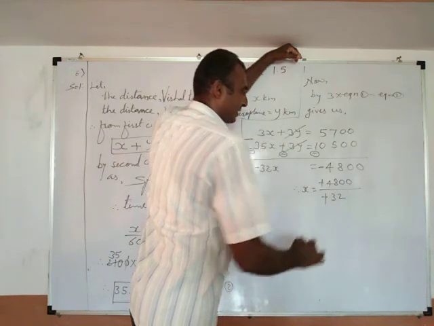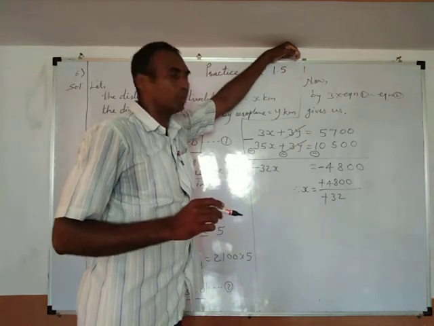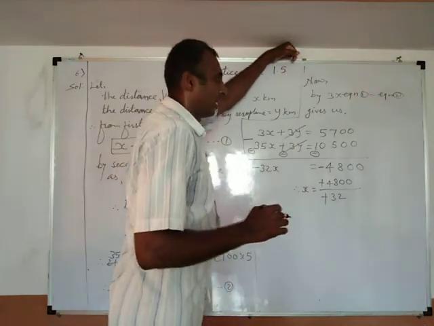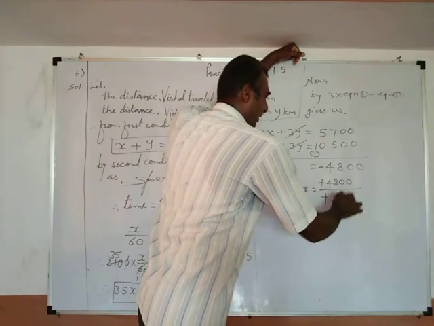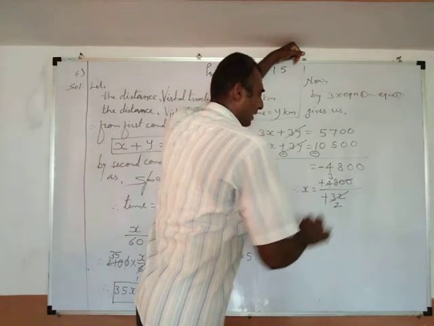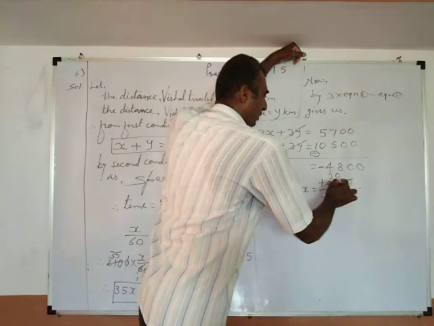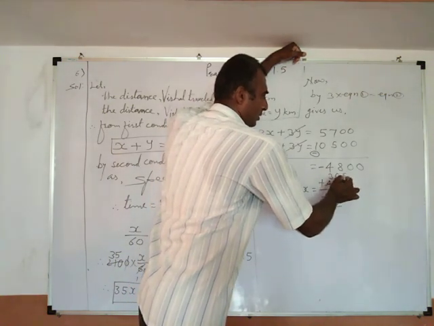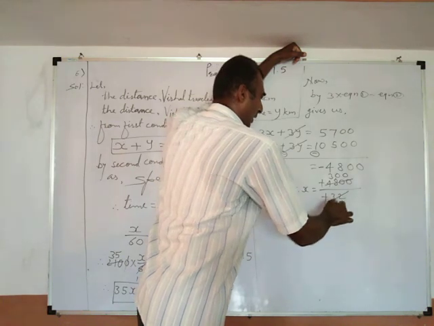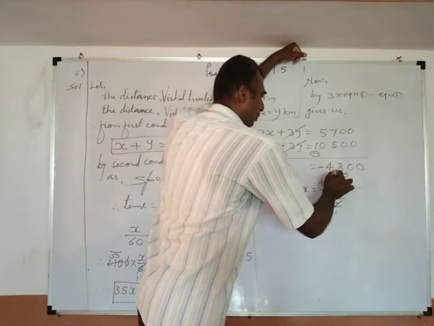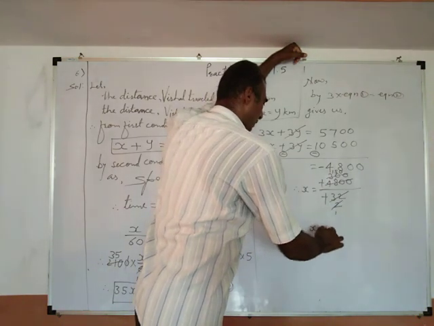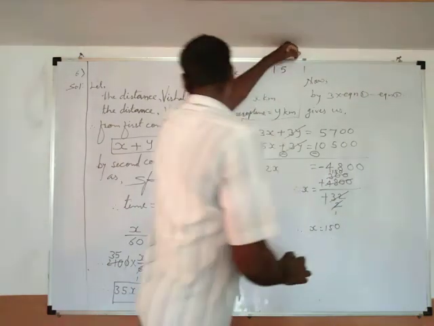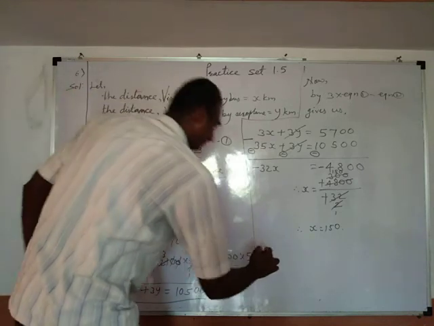Minus minus will cancel each other. Now 32 and 48 are multiples of 16. 16 twos are 32. 16 threes are 48. Therefore x equals 150.